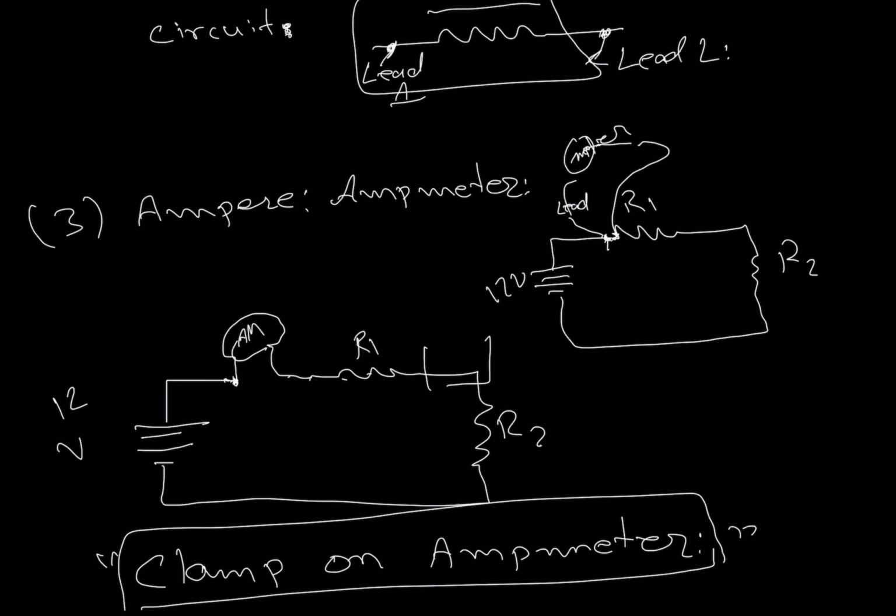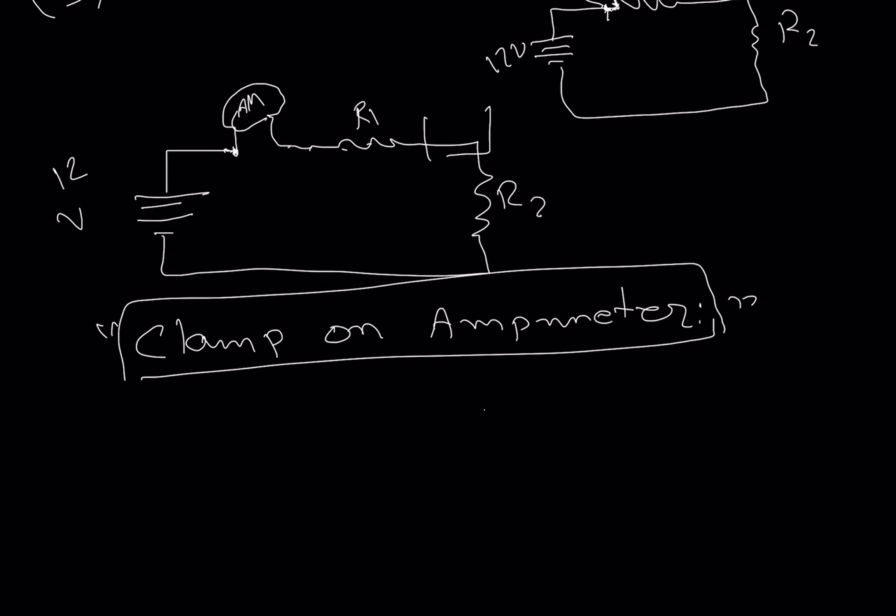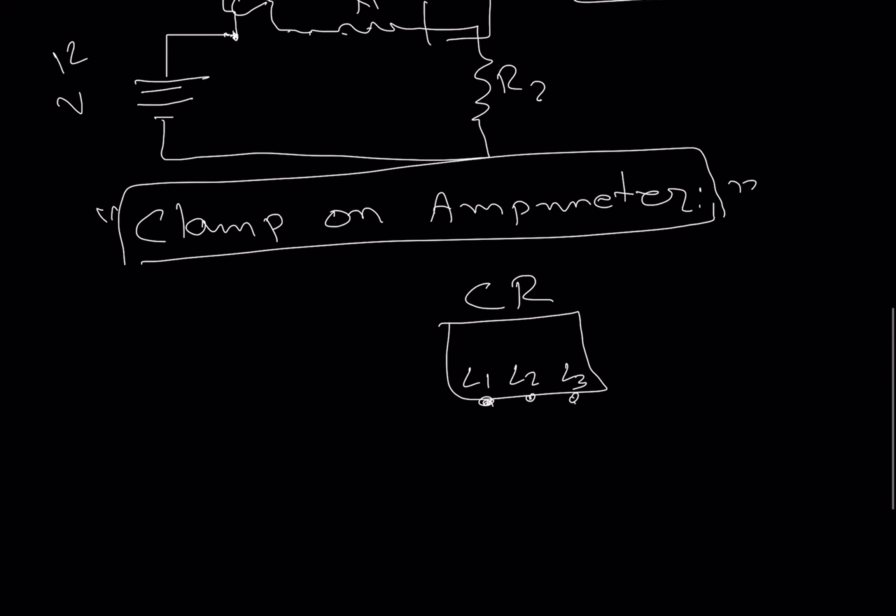So if you are measuring 3 phases, for example, this is your control relay, and you have 3 leads, line 1, line 2, line 3, and you have 3 screws right here, and 3 wires going out. It'll usually be brown, orange, yellow. So you put your clamp on meter here.